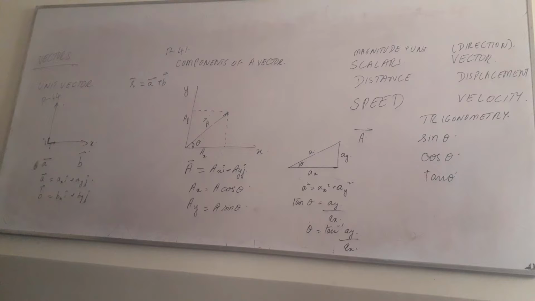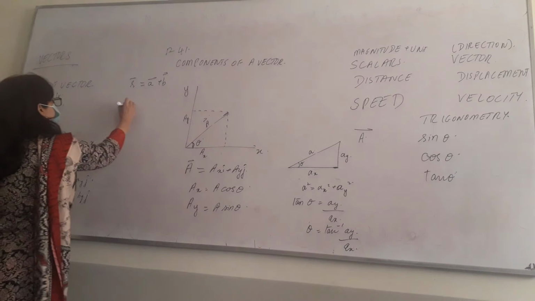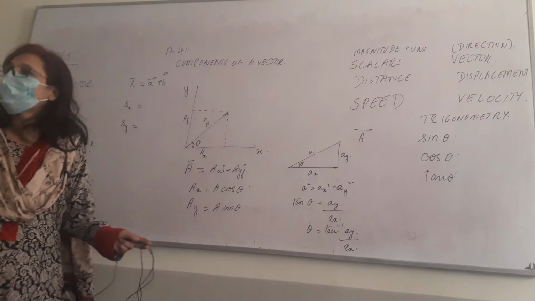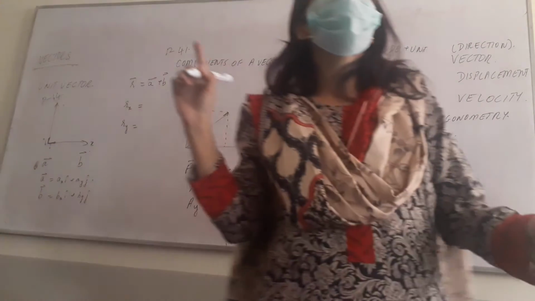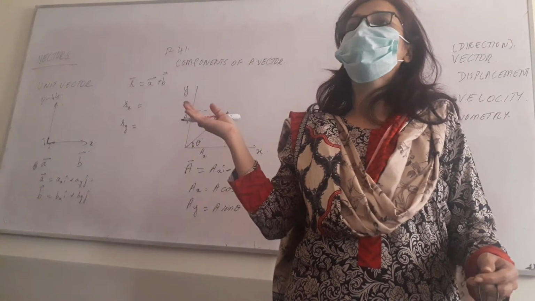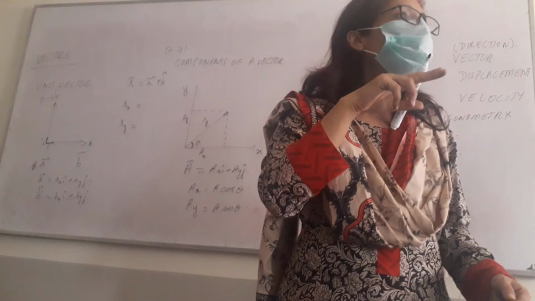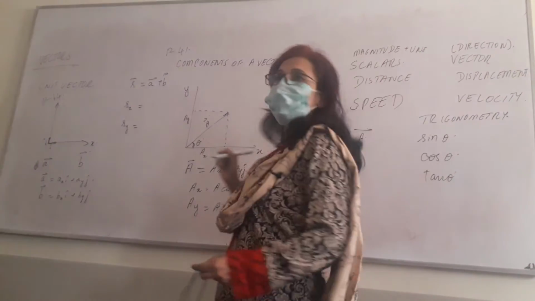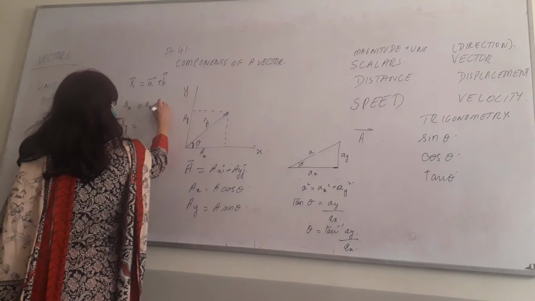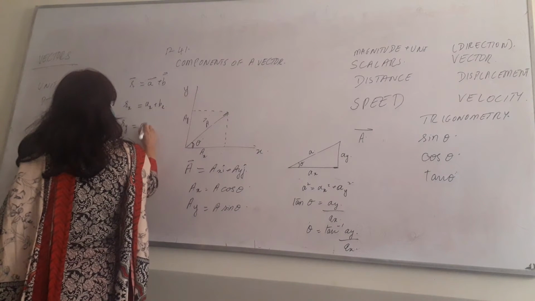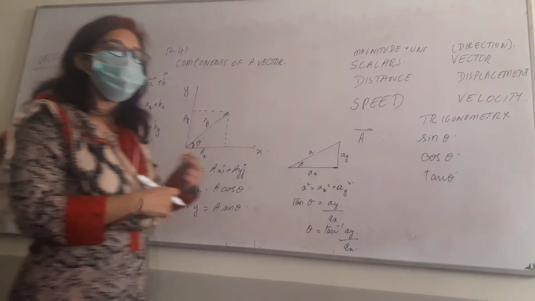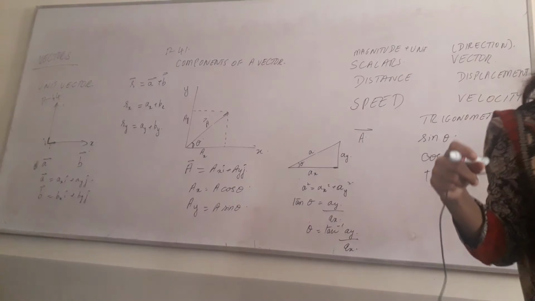In this case, the resultant will have an x component and a y component. The x component of the resultant vector will be the sum of the x components of the 2 vectors that you are adding. So it will be ax plus bx, and the y component ay plus by. If you want the z component, it will be az plus bz.